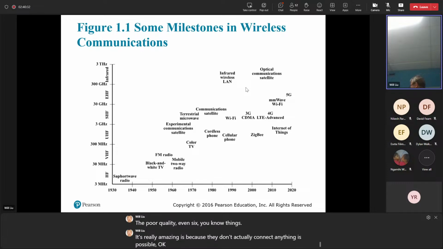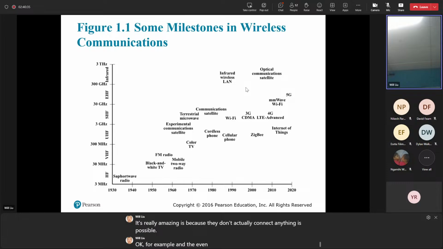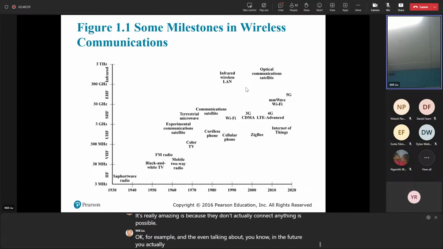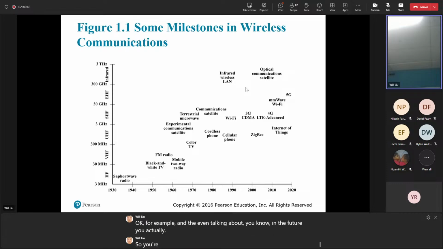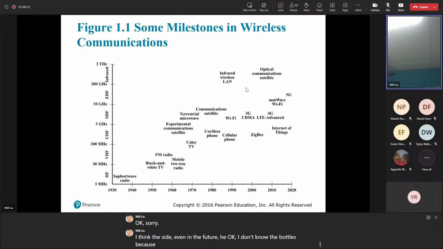For example, they are even talking about, in the future, you can put an IP chip under bottles, because you can use that to monitor your drinking behaviors.